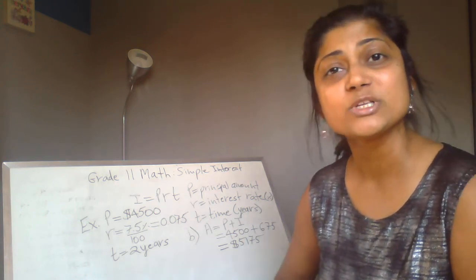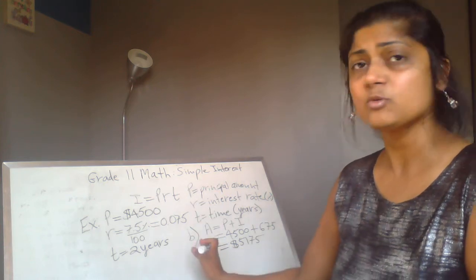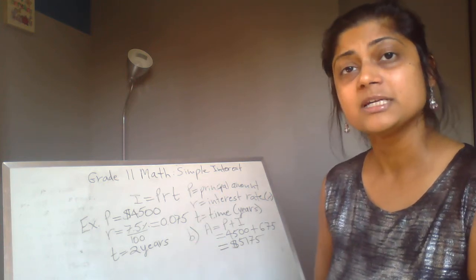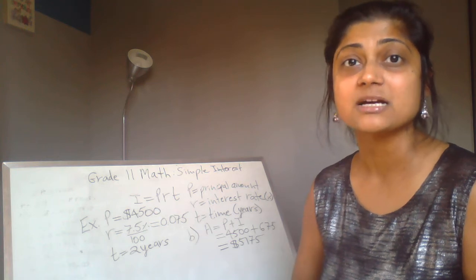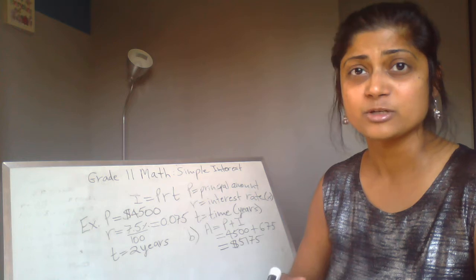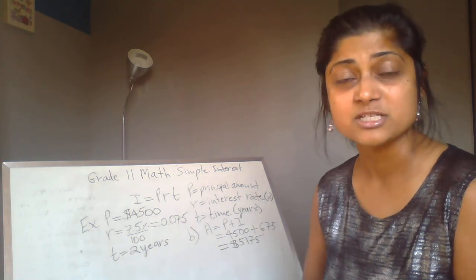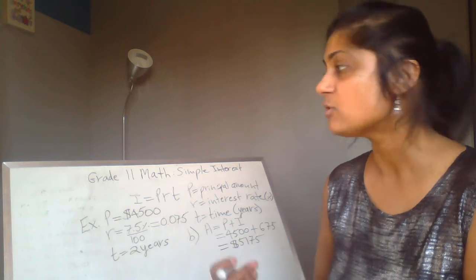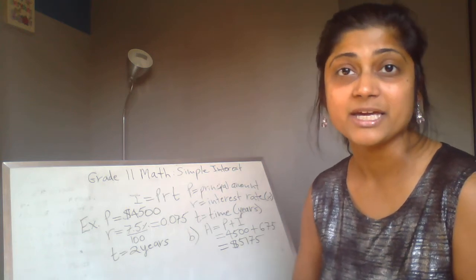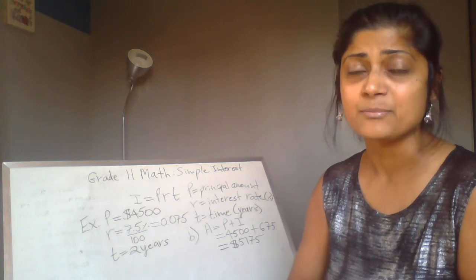In the next video, we're going to take a look at compound interest, which is going to be a different formula, and you'll notice that with compound interest, I'm making more money. There is a real life application here: I can see which bank I want to invest my money in, and compare how much money I'm going to make at the end of however long I'm investing it for.